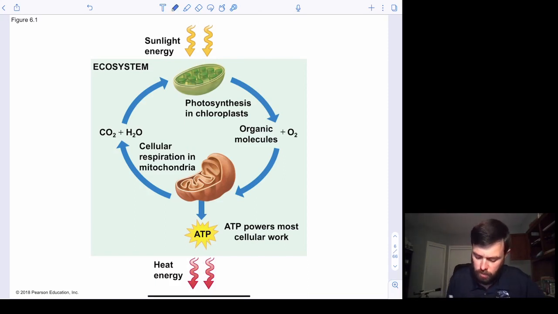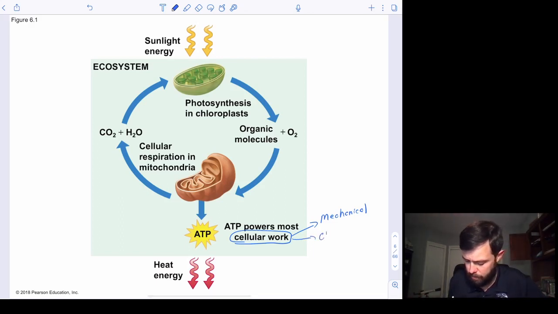And what we're going to do is cellular work. So let's just talk a little bit about cellular work real quick. There's three main ways of cellular work. We're going to have mechanical. That's what we use to move things, our body, our heartbeats, things like that. We're going to have chemical, because chemical processes do require some input of energy.